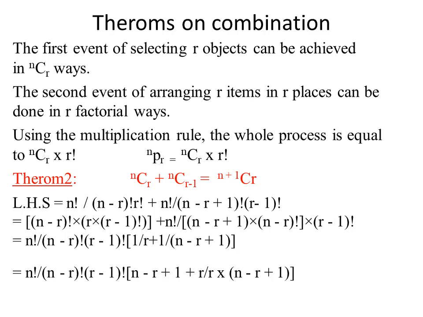Then, n factorial by (n minus r) factorial into (r minus 1) factorial into (1 by r plus 1 by (n minus r plus 1)), that is equal to n factorial over (n minus r) factorial into (r minus 1) factorial into (n minus r plus 1 plus r) by r into (n minus r plus 1).